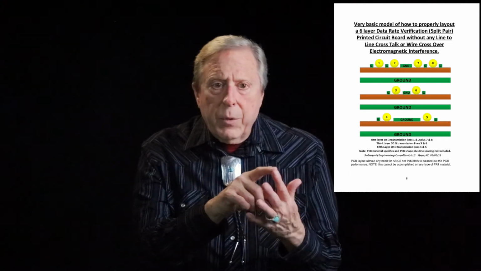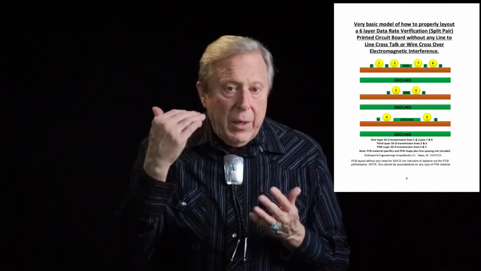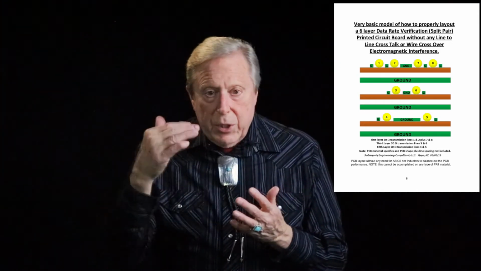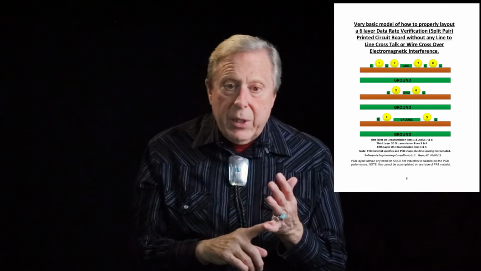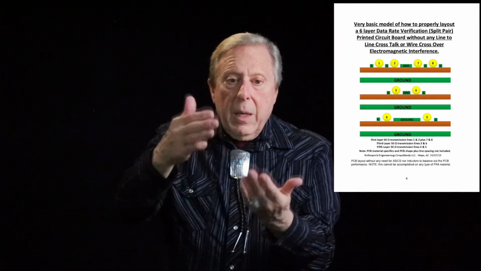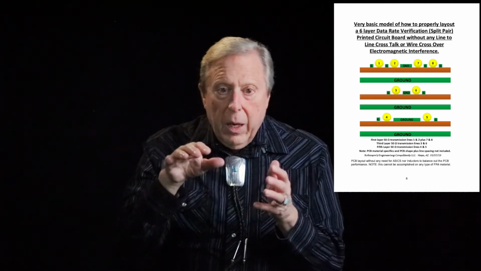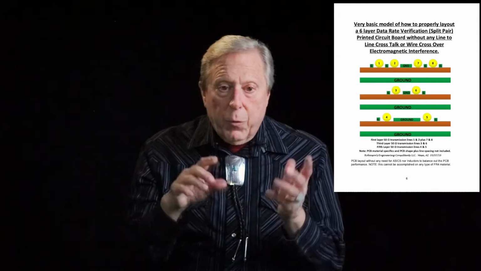So what you have is numbers 1 and 2 for a split pair on the top, 7 and 8 on the top. The next middle sections, which is separated by a ground above it and a ground below it, is 3 and 6, which is your split for split pair. Then the final layer is ground, and your third board level is numbers 4 and 5.